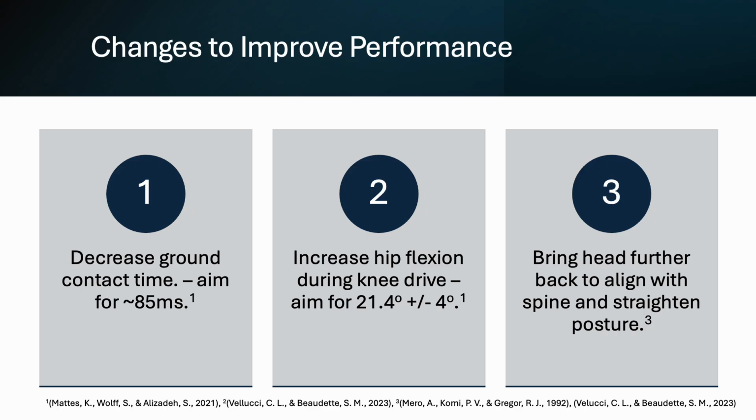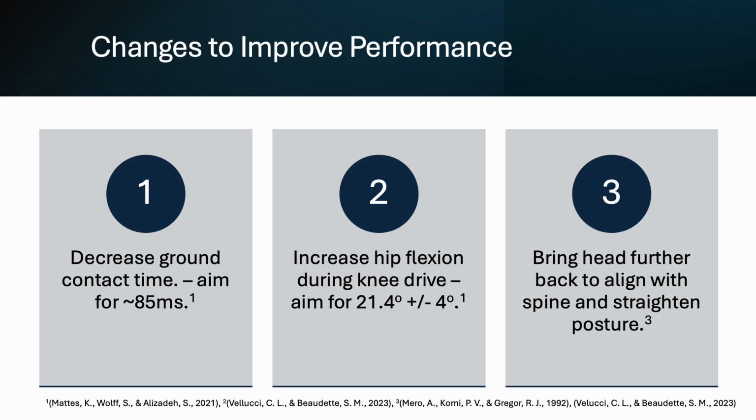So it could be seen that the knee drive or the knee lift is quite low during this phase, and that elite sprinters reach hip flexion levels of 21.4 degrees, give or take 4 degrees, according to Matz, Wolf, and Elizada 2021. And so this is essentially bringing the knee quite close up to horizontal, as opposed to the participant bringing it only quite low.